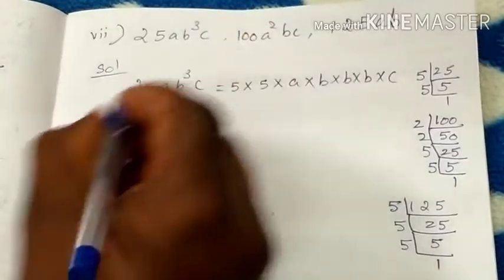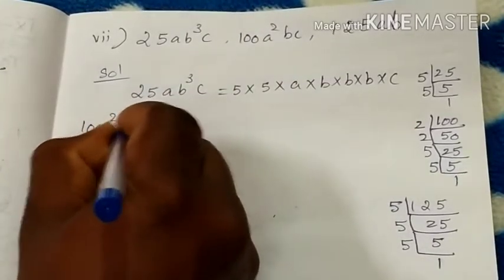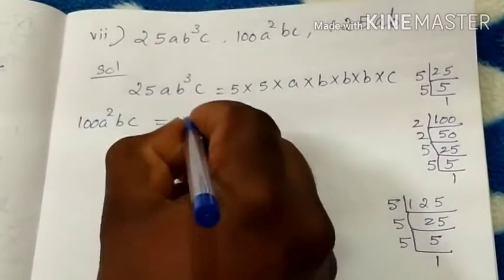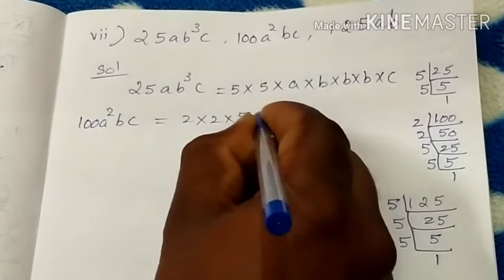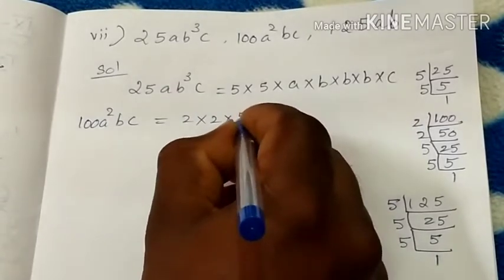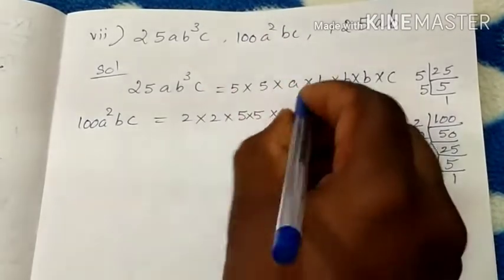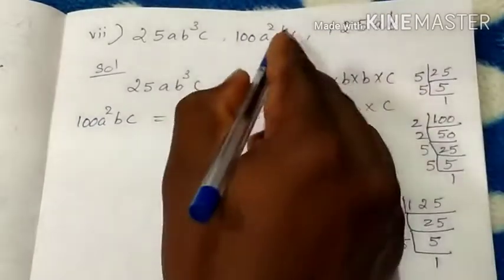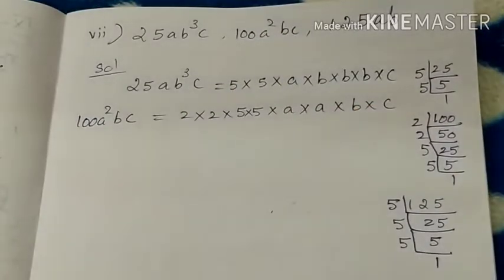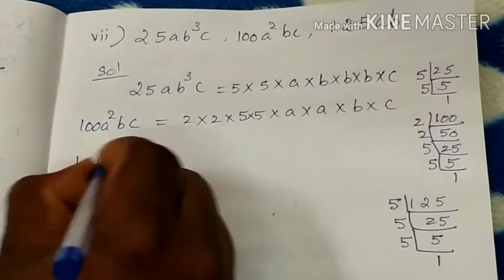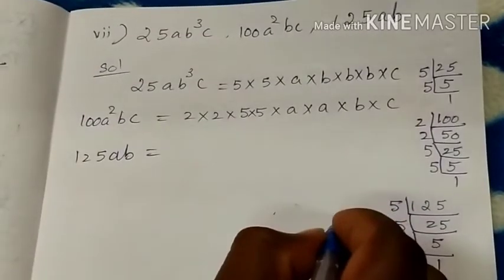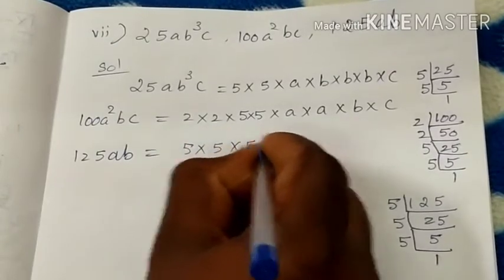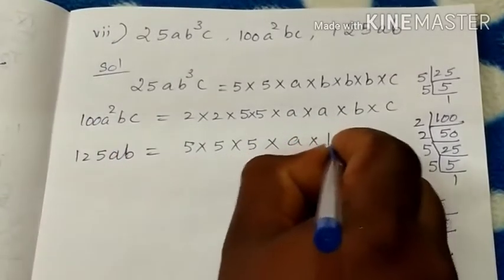Then 100 a squared b c equals, the factors of 100 are 2 into 2 into 5 into 5 into a into a and then b into c. Next consider 125 a b, which equals 5 into 5 into 5 into a into b.